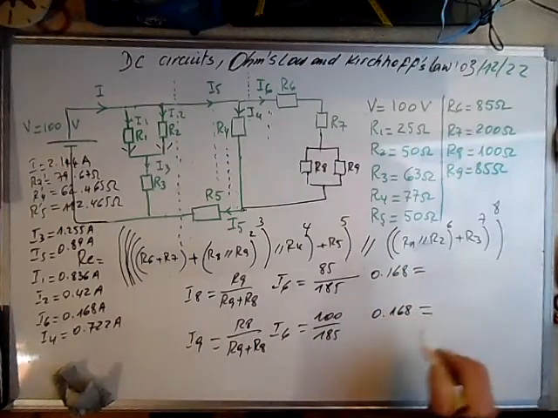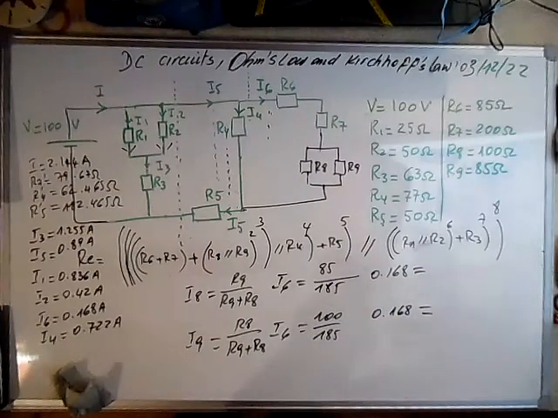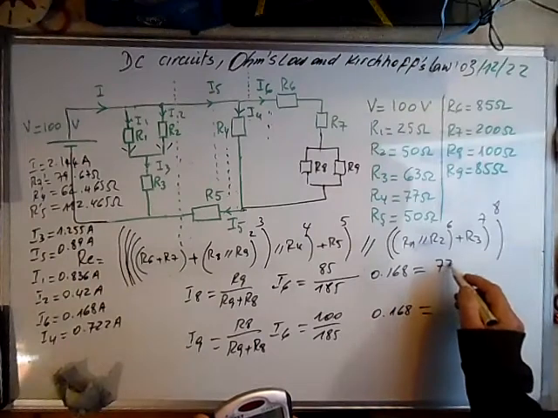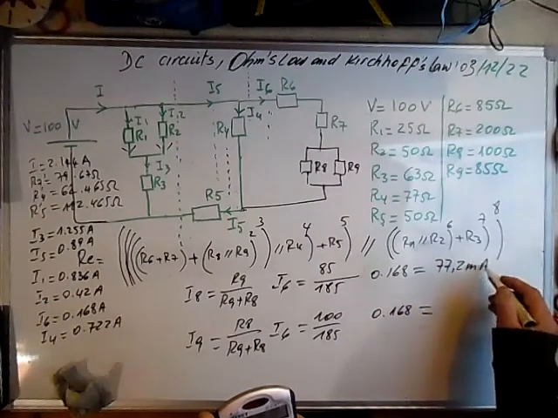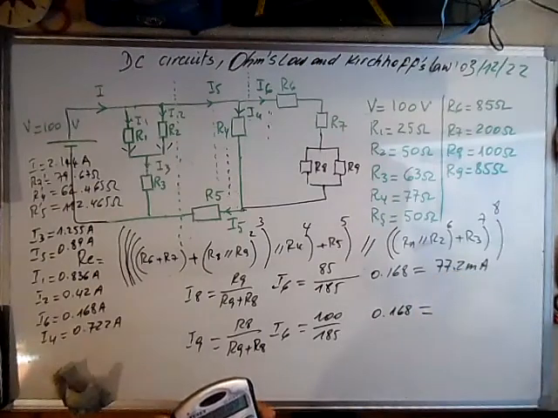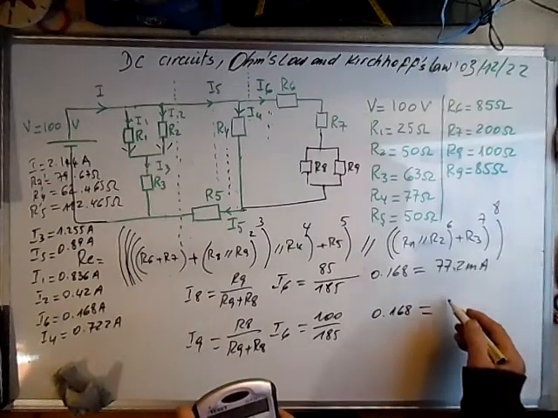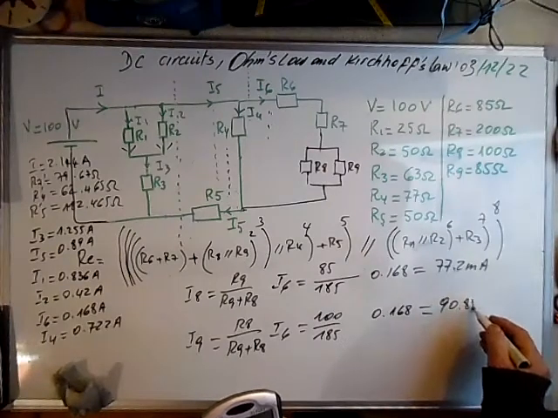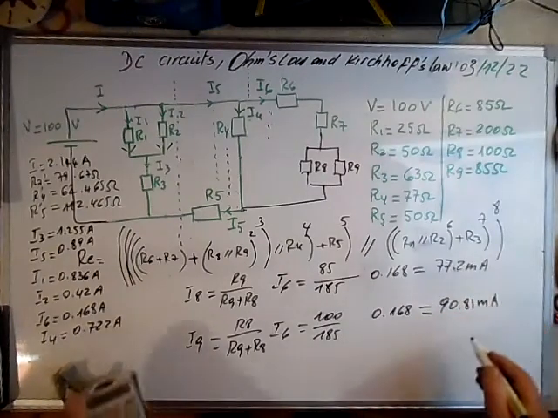That gives us a current of 85 divided by 185 times 0.168. This is 77.2 milliamps, minus 0.68. This is 90.81 milliamps.